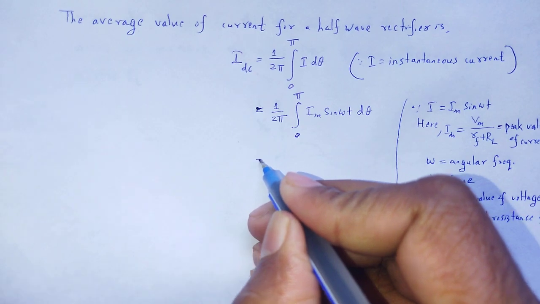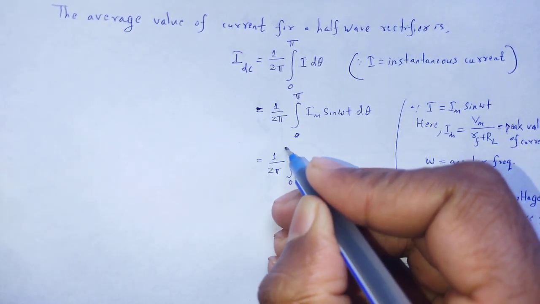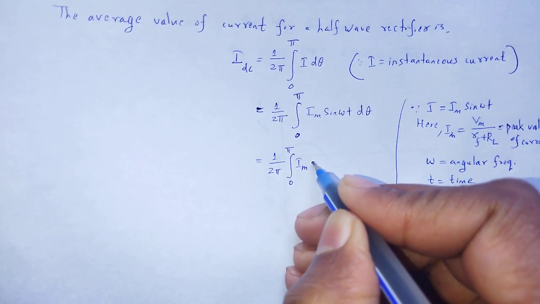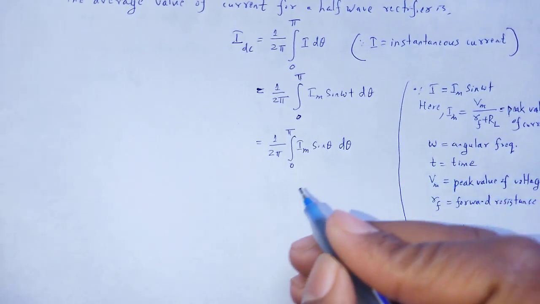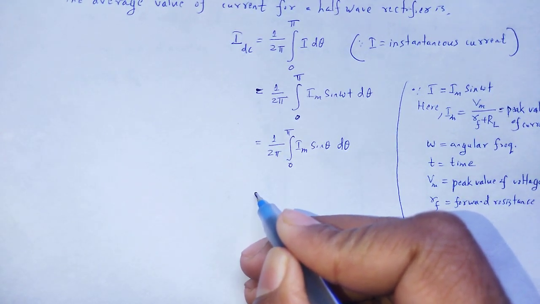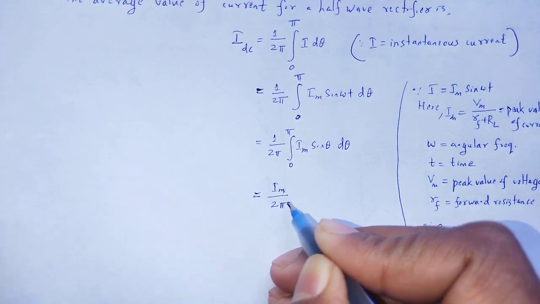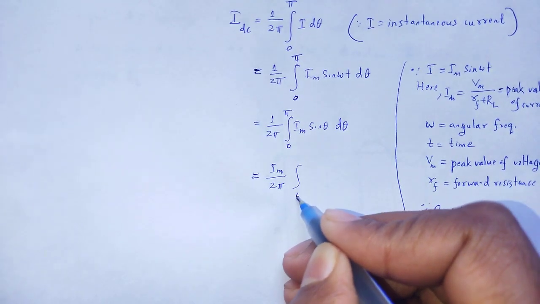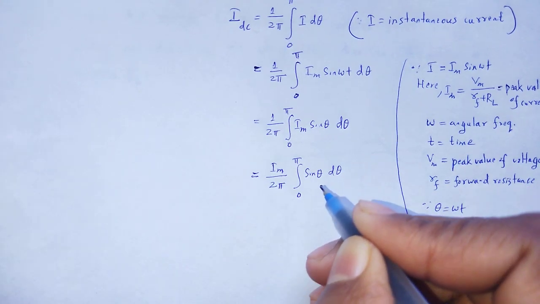That equation is written as 1 by 2 pi integration over 0 to pi I m sin theta d theta, which is equal to I m divided by 2 pi integration over 0 to pi of sin theta d theta.